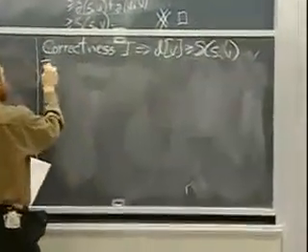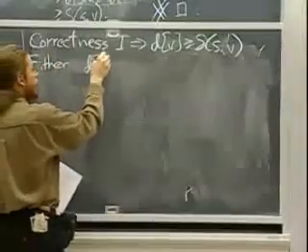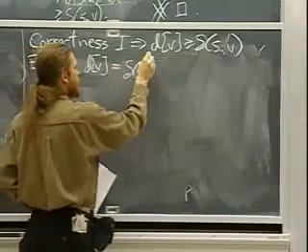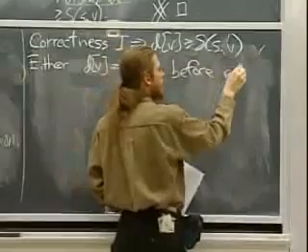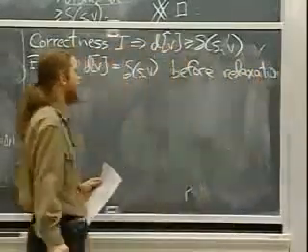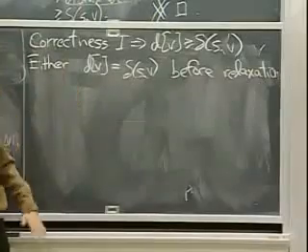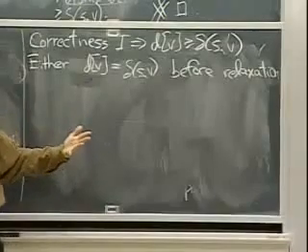So either they're equal before relaxation, or it's greater. If they're equal before relaxation, we're happy, because relaxation only decreases values, and by correctness 1 it can't get any smaller than this, so after relaxation it will also be equal.